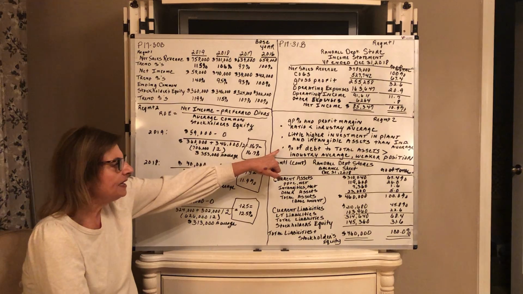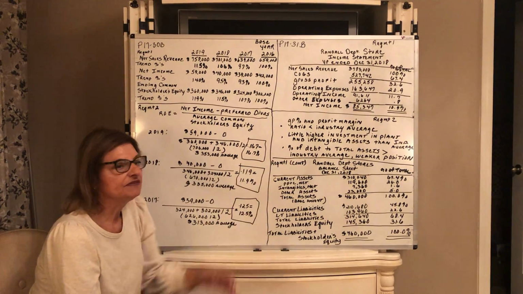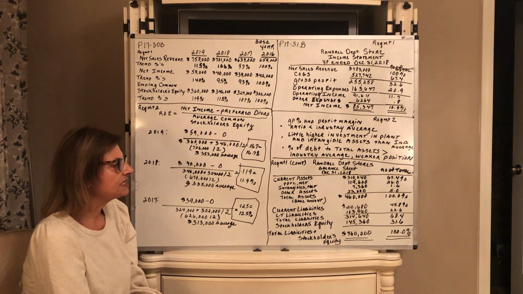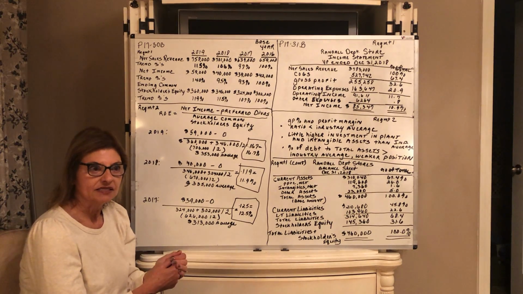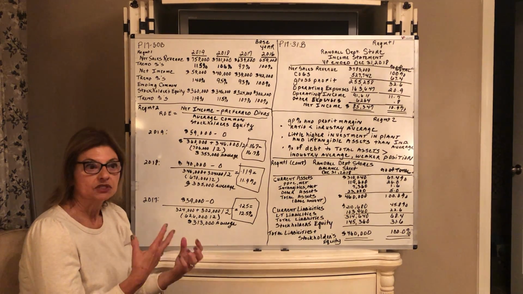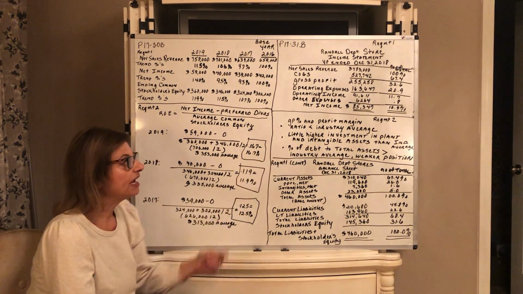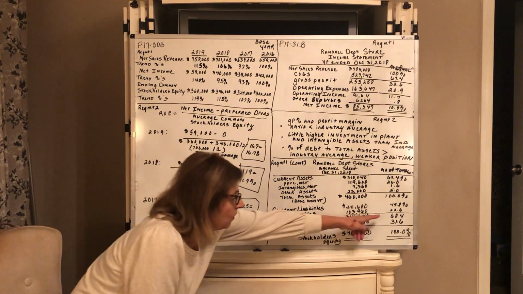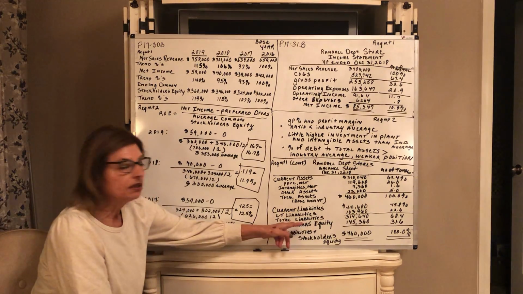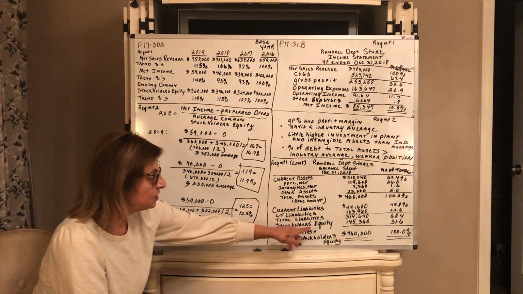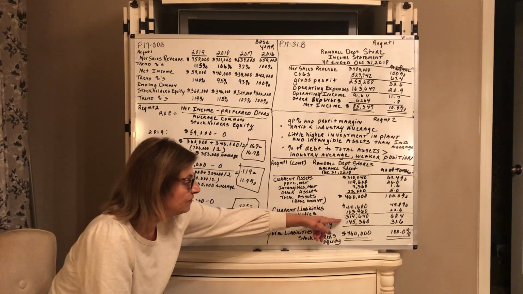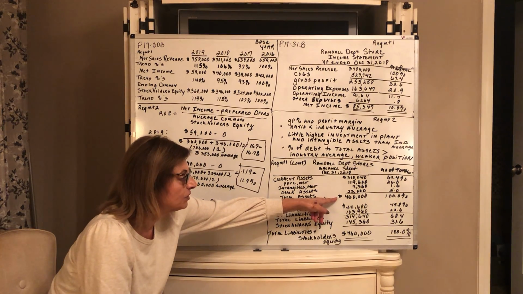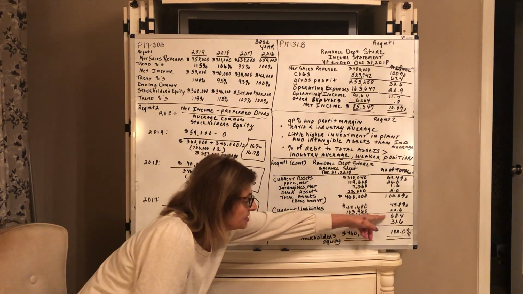And then the biggest thing, the percentage of debt to total assets, really shows a weakness here, financial position weakness against the industry average, because, and I think I mentioned it just a couple of minutes ago, we have a 68.4 total liabilities to total assets, the 314,640 over the 460,000, 68.4.